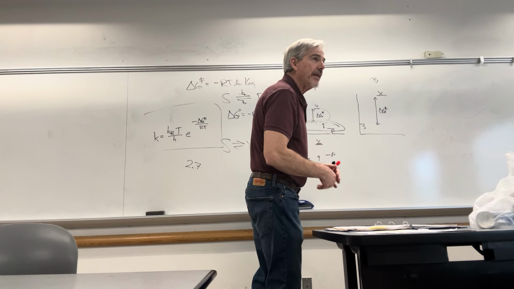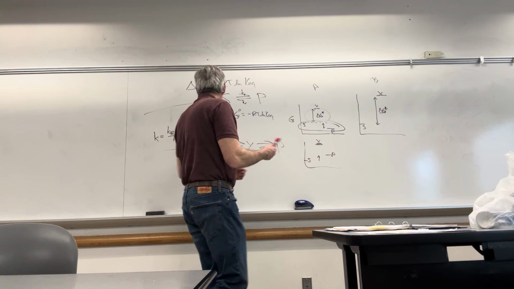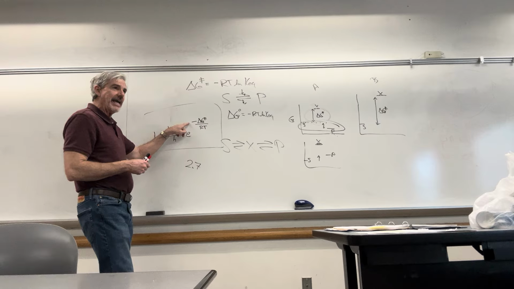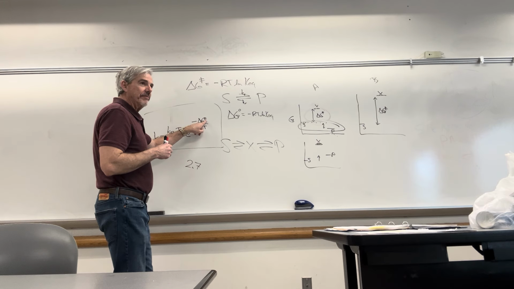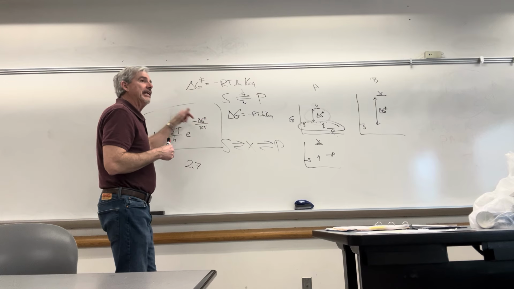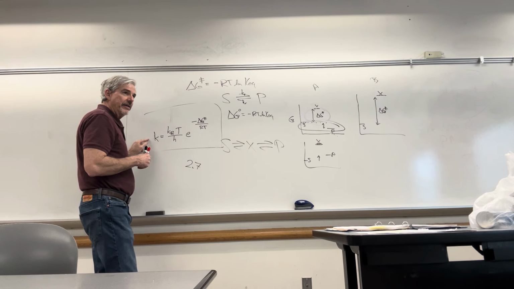And if we lower the activation energy, the reaction will go faster. So because of the negative sign there, a larger delta G gives you a smaller K.